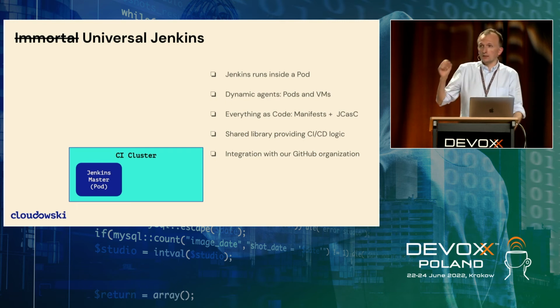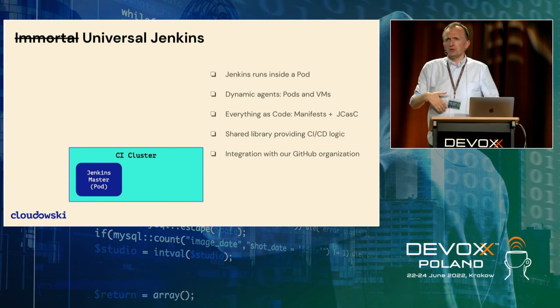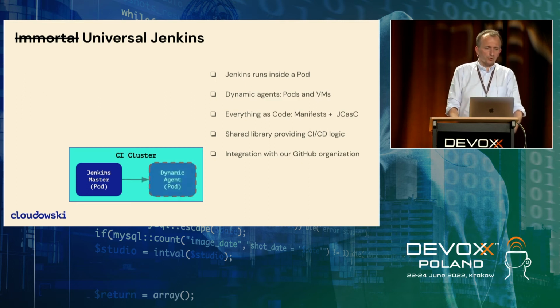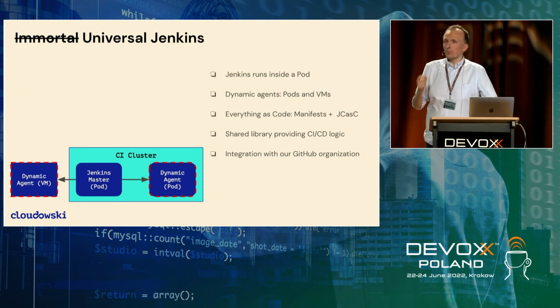Seriously, just run it inside a container and configure it like we did. Configure it using code, using configuration as code, and by using that, our Jenkins is just boring because it just works. Whenever a problem happens, sometimes it's just a matter of recreating some dynamic node, because we use dynamic pods, which are created by Jenkins, or dynamic virtual machines.